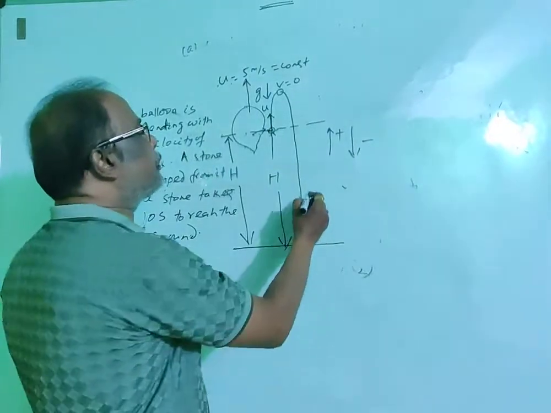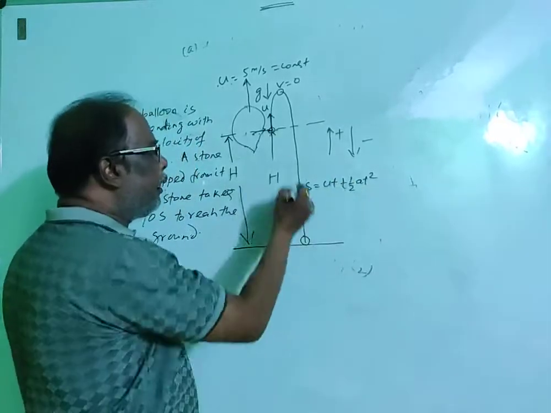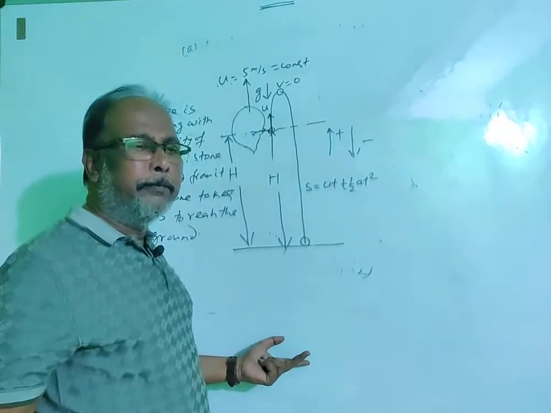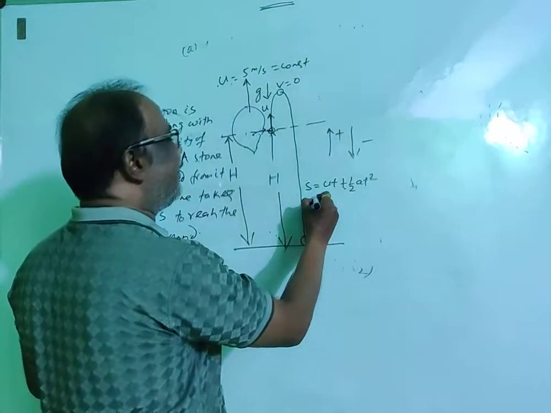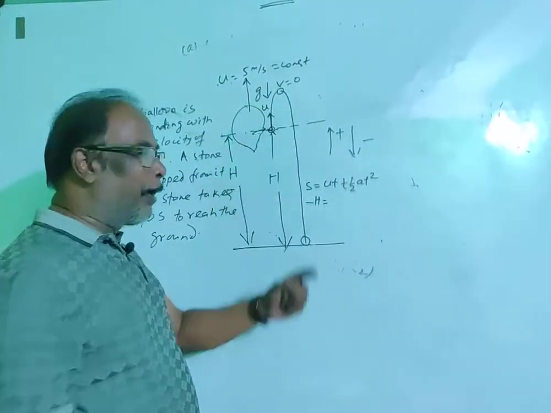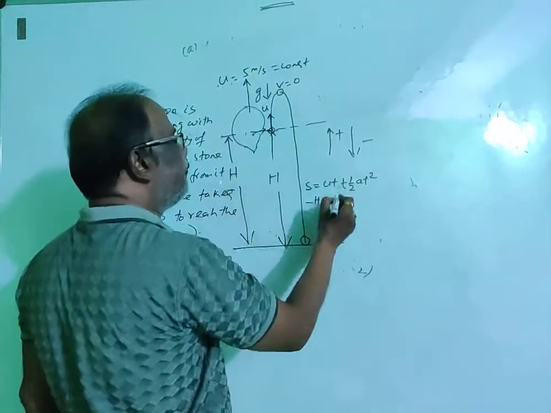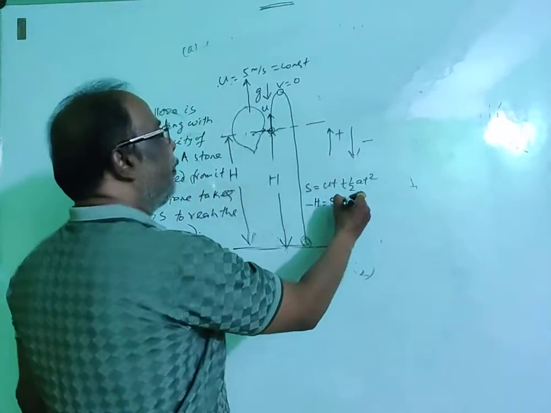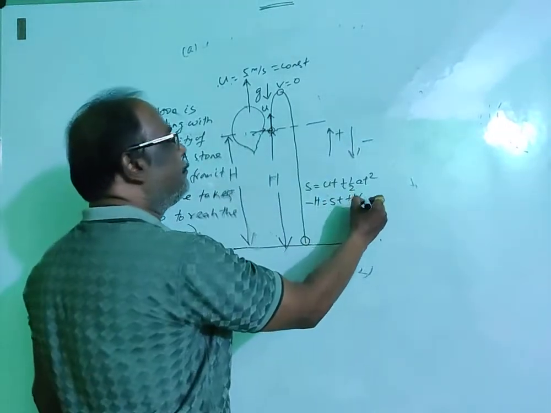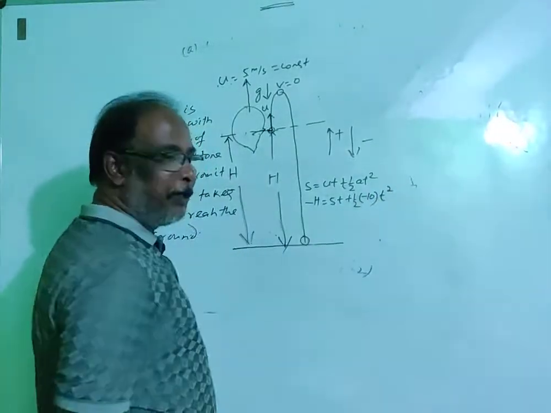Now use the simple equation s equal to ut plus half at square. Here the displacement is h in the downward direction, so it is negative: minus h. u is positive, because the initial direction is upward. So ut is 5t, plus half, g is downward so negative, minus 10 into t square.